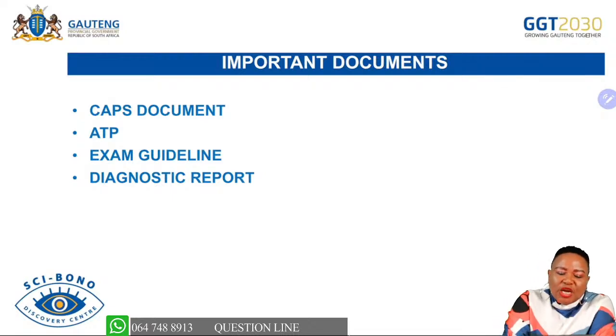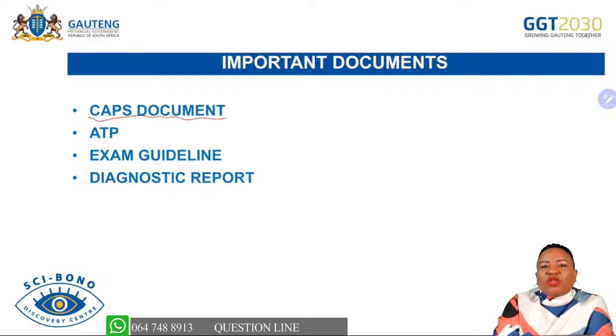So what do we need? We will need your CAPS document. I know that most of your teachers will make copies of the CAPS document, but you can also find it on the website, because the CAPS document is the national document that we use for the curriculum of any subject in South Africa.